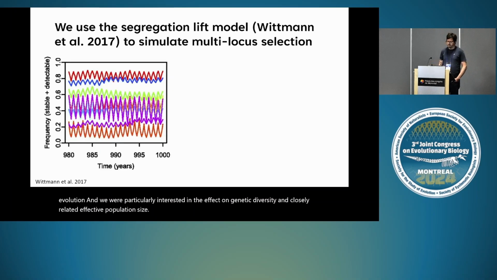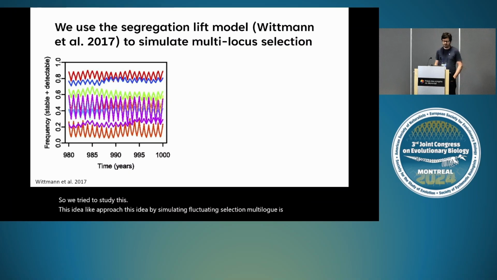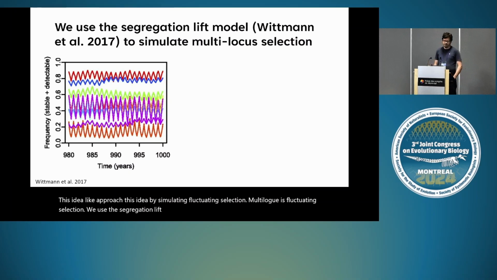So we tried to approach this idea by simulating multi-locus fluctuating selection. We used the segregation lift model by Wittmann et al. 2017. That's a model that leads to fluctuating alleles at many loci, and there's a whole distribution of amplitudes under this model.